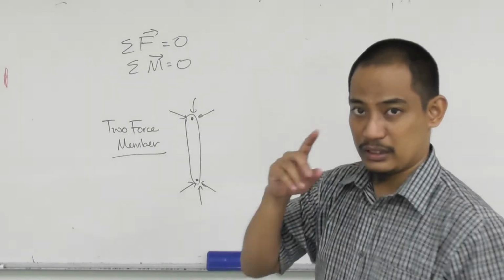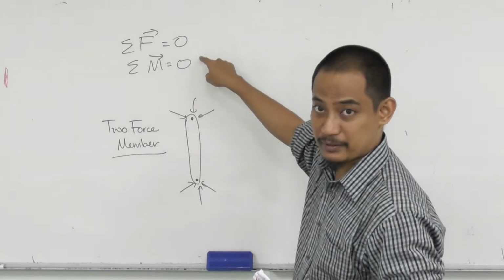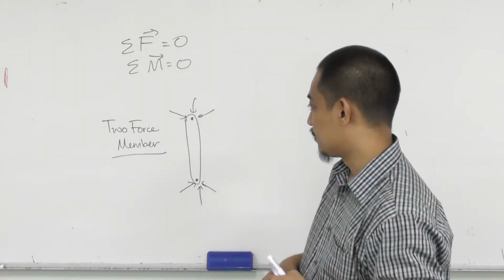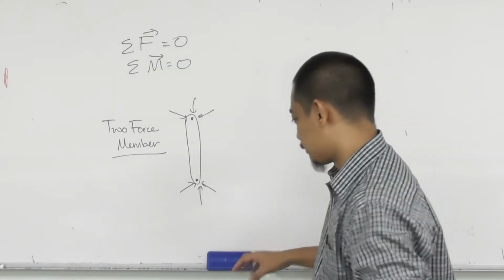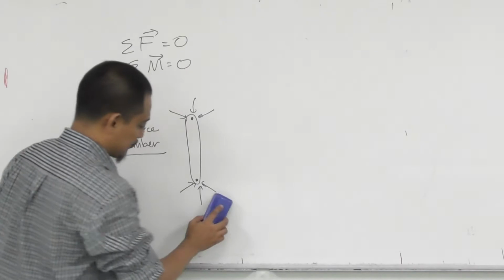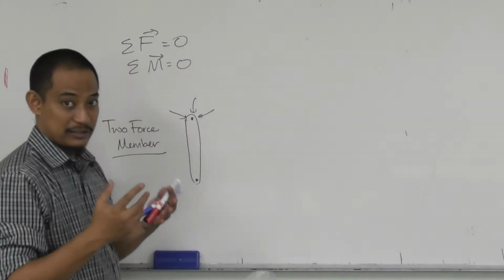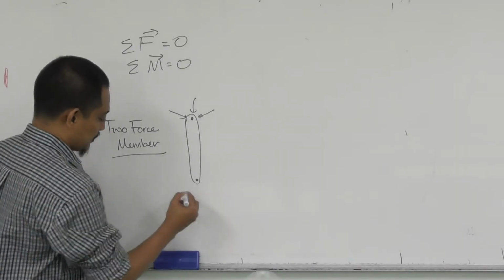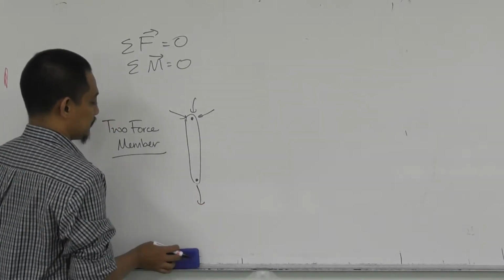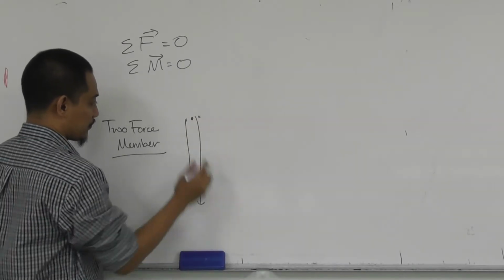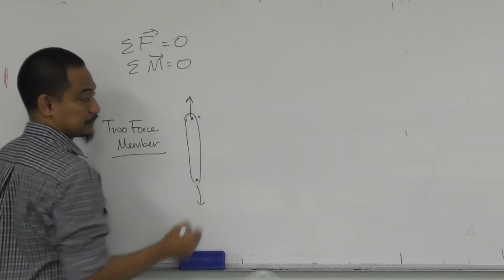Now, if this is to be satisfied, how? Of course, all of these forces can be combined into one resultant force. For example, a resultant force here and a resultant force here.